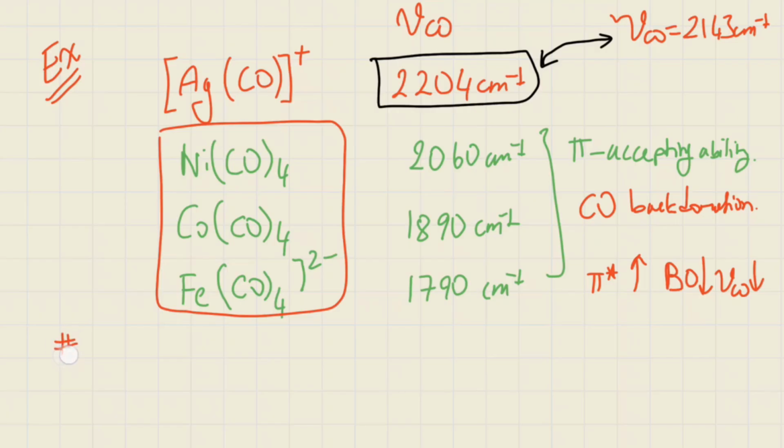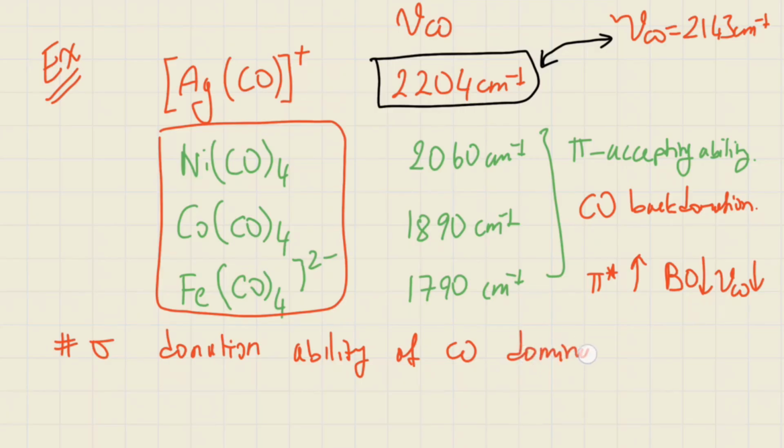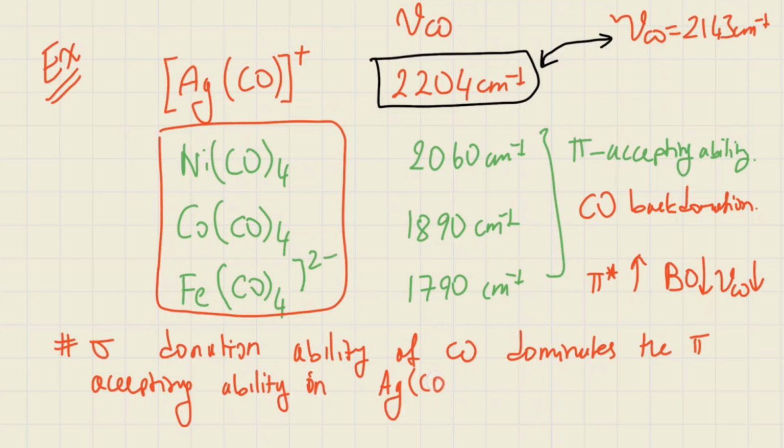And what is happening is that the sigma donation ability of CO dominates the pi accepting ability in the silver complex.